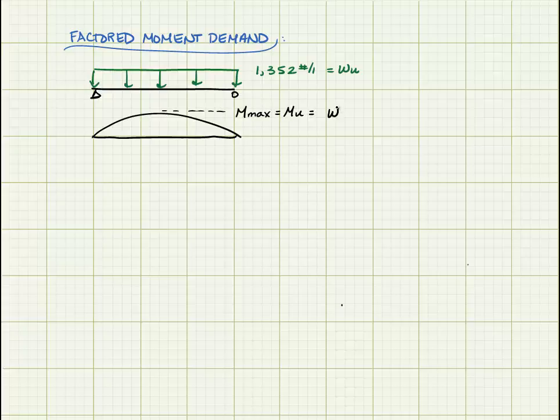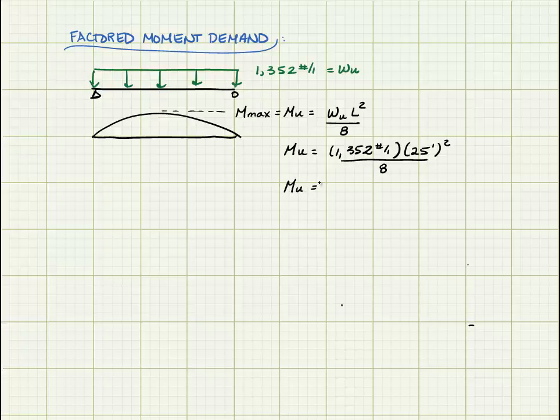The maximum moment for this case is going to be pretty easy and familiar. It's wL squared over 8. So my maximum moment is going to be 1,352 pounds per foot times a length of 25 feet squared divided by 8.